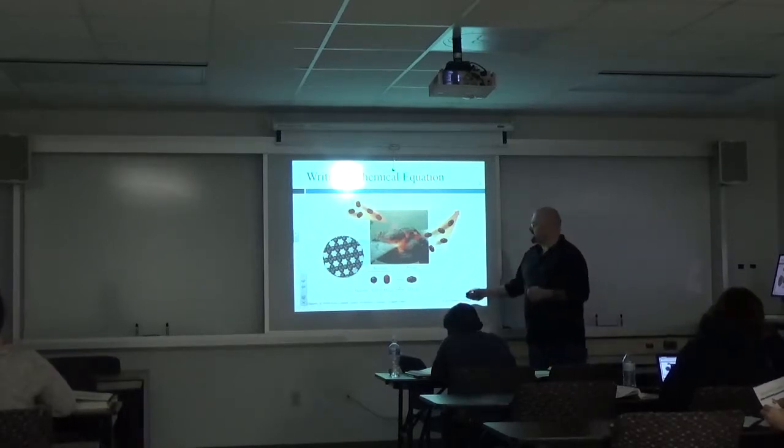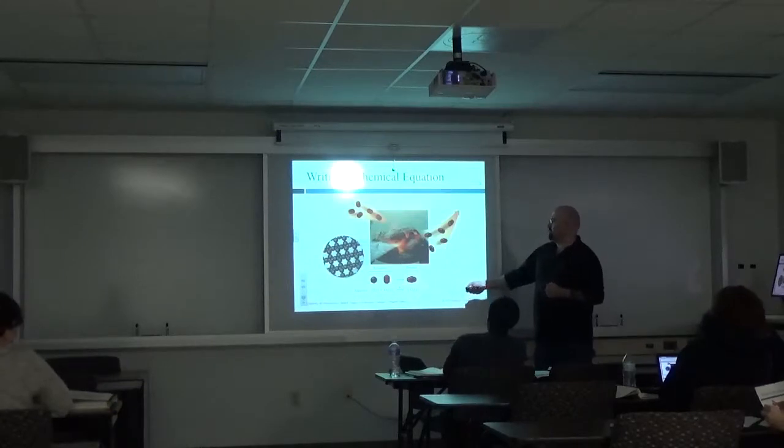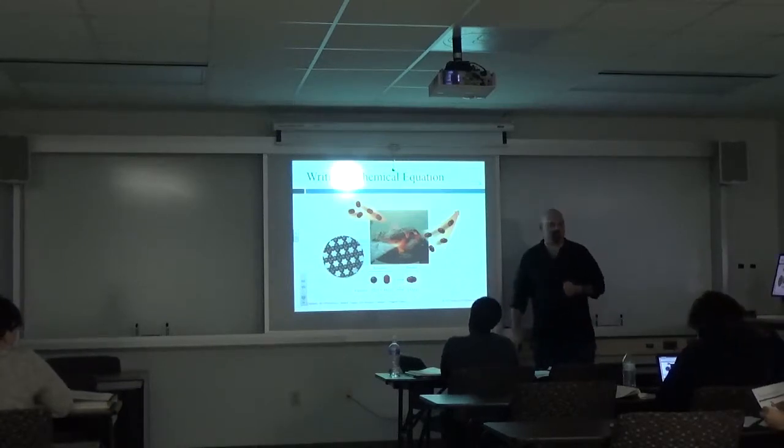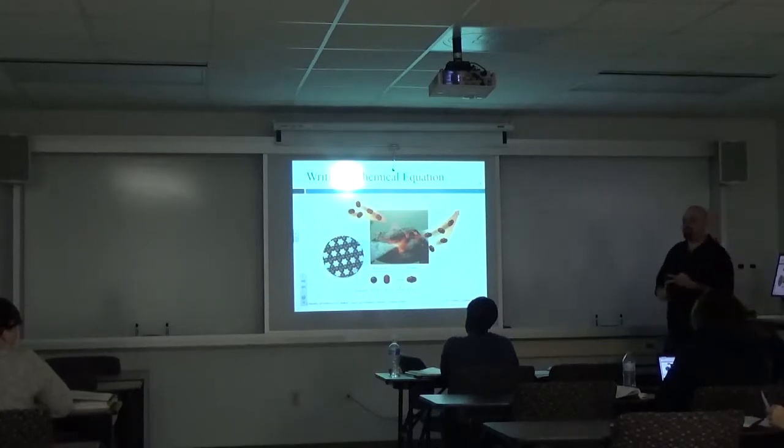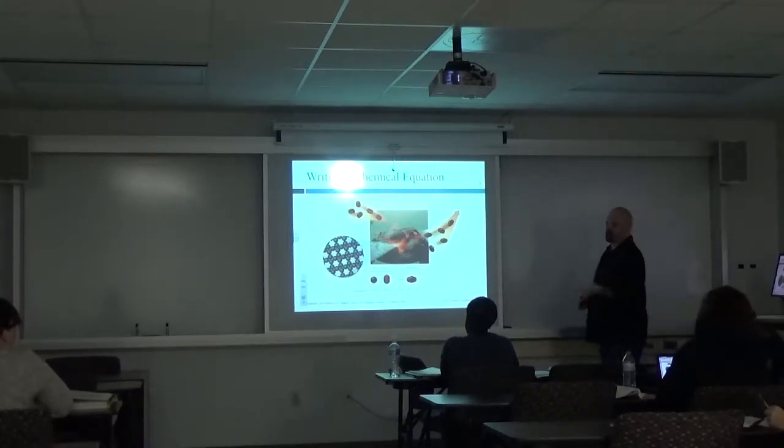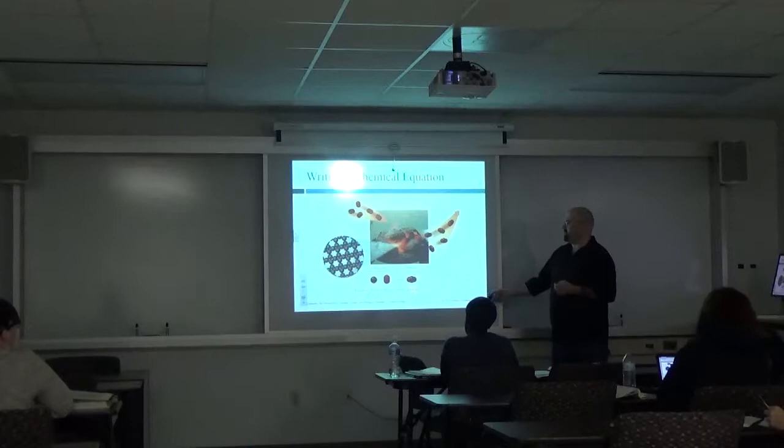So, is this equation balanced? Do we have the same number of carbon on both sides? Do we have the same number of atoms of oxygen on both sides? 1C, 1C, 2 oxygens here, 2 oxygens there. Now, we did have a change of state in here as well. Carbon is a solid when we are beginning. Oxygen is a gas.